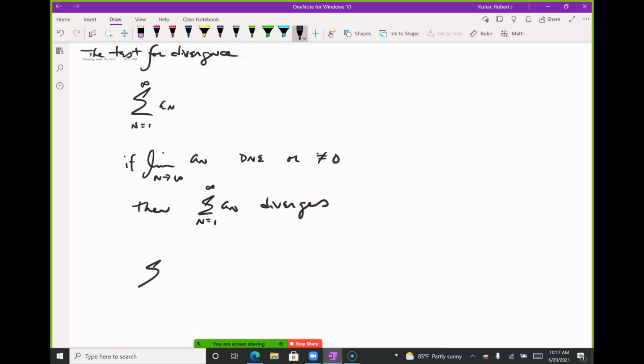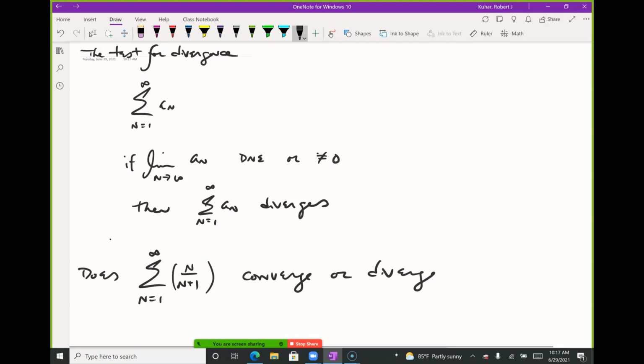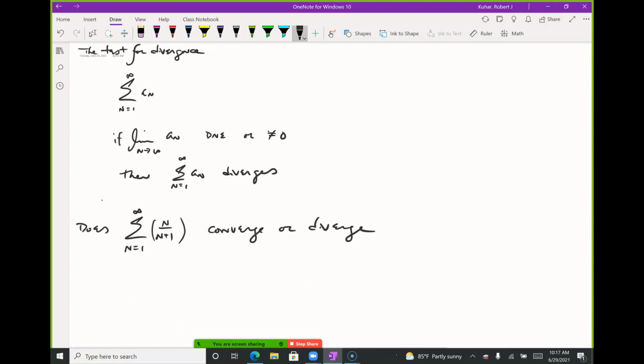So let's look at the sum from n equals 1 to infinity of n over n plus 1. Does that particular series converge or diverge?